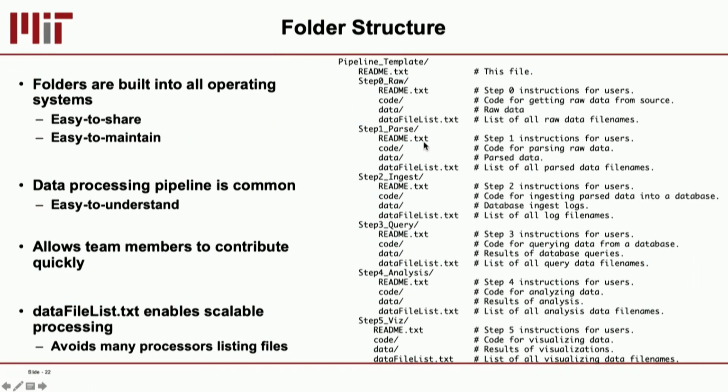And then finally, we'll add a little thing here, which is a data file list. This is a list of the full names of all the data files, because especially on our systems, people are often processing lots of data, which contain millions of files.